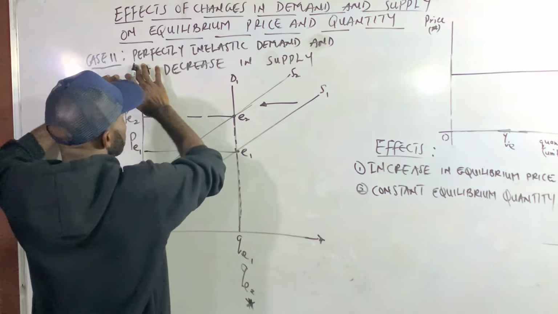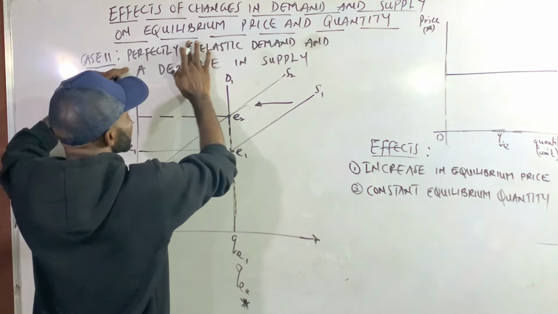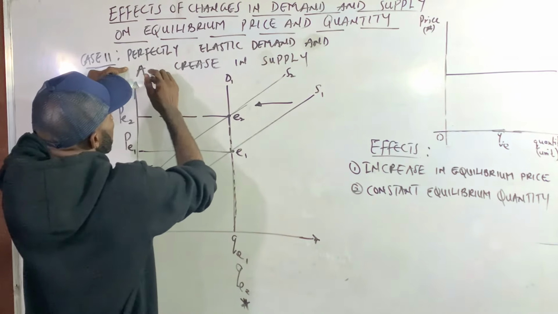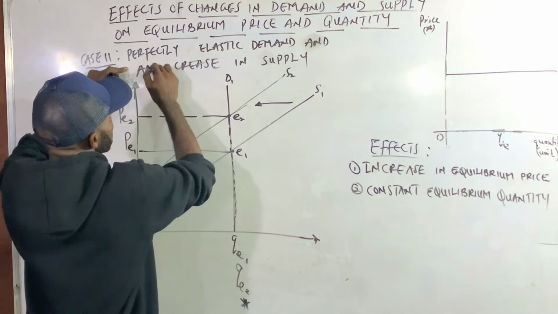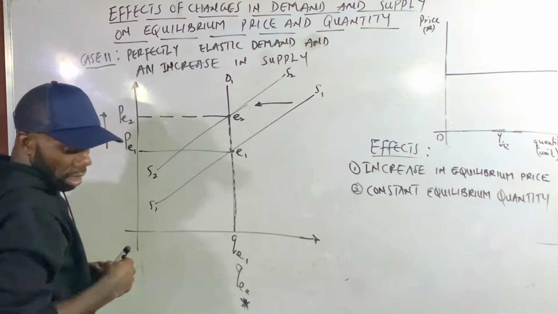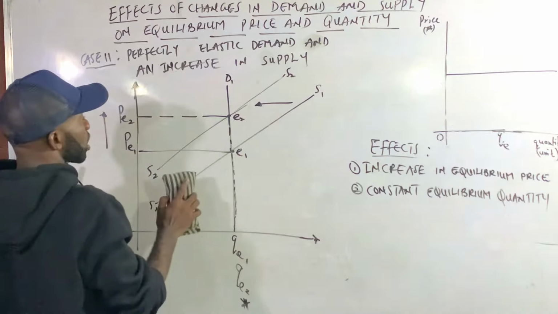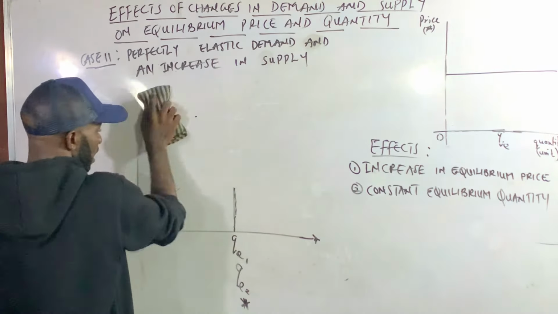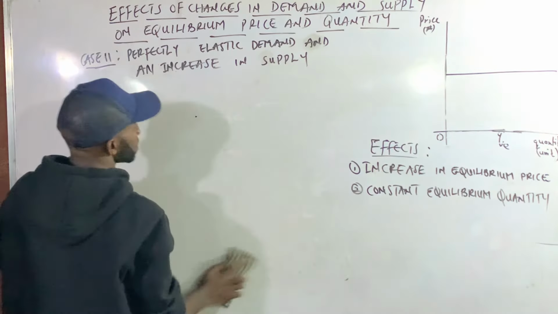So case number 11, perfectly elastic demand. Let's consider an increase in supply. An increase in supply, we can always go back and take the diagram again so that we don't get confused.